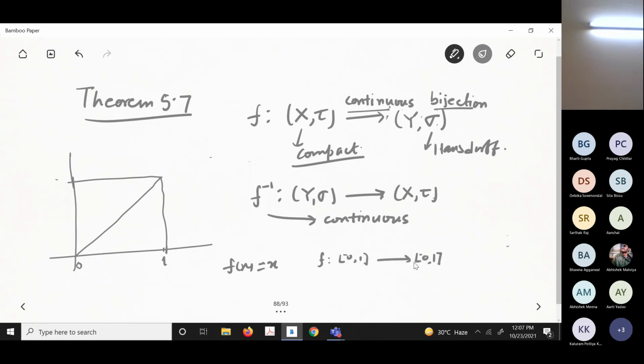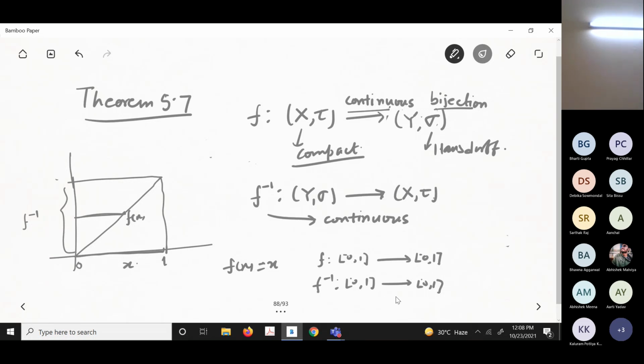I have given one of the simplest examples, the identity function. But its inverse will be what? Its inverse will also be an identity function. Here this is x, and you are getting f(x) here. On the other hand, if you have this f(x) as y, then this will be the domain of f inverse. Then you get this value. Right? This is the simplest example, because this is happening essentially because it is compact.